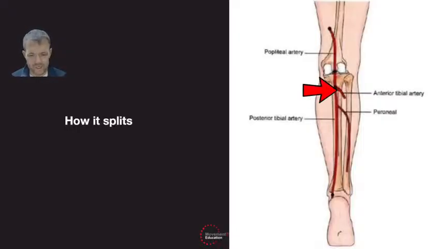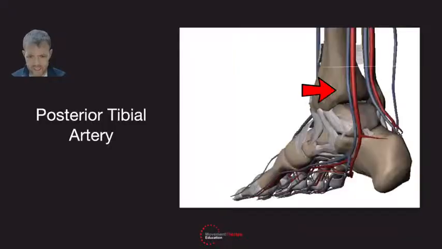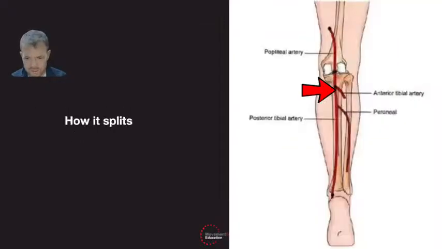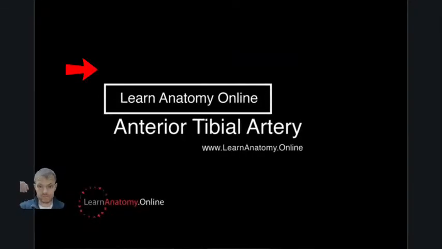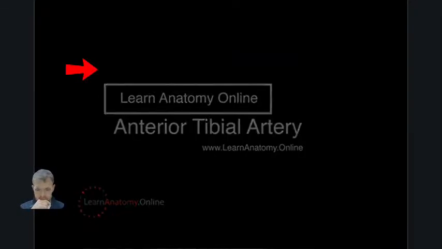So the anterior tibial artery, if we have a look at that one, let's just go to that sec. Okay, so this is the anterior. So you saw it came off of the popliteal at the back.